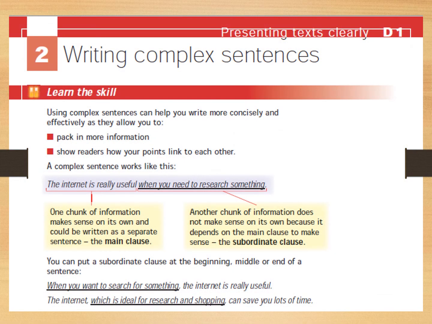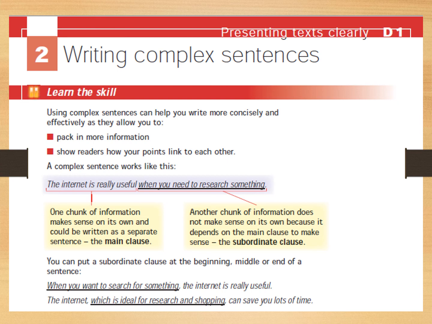Then we've got writing complex sentences. This is also something that you have to be able to do in this exam in order to show the examiner the level of your writing. Now, there's a very clear description. The internet is really useful when you need to research something.